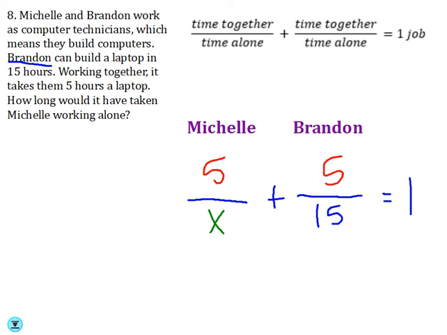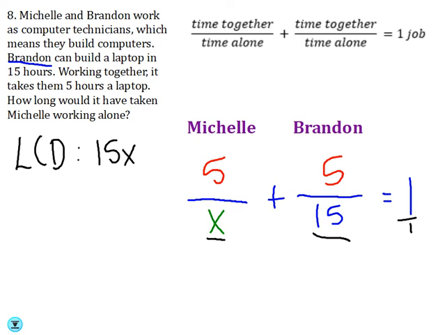Now, we can approach this problem like we did question number 6. I'm going to find the LCD, which if I look at both denominators, I have an x and I have a 15. So the only thing that they're going to have in common is if I multiply them together and get 15x, because our 1 over 1 doesn't have a variable to restrict.